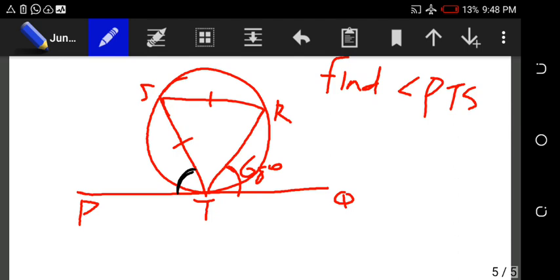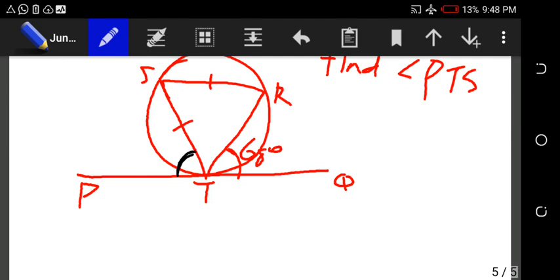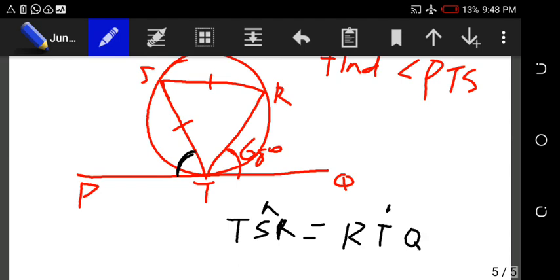Now when we consider the theorem of angles in alternate segment, we can clearly see that angle TSR is alternate to angle RTQ. That angle TSR is equal to angle RTQ by the theorem of angles in alternate segment.